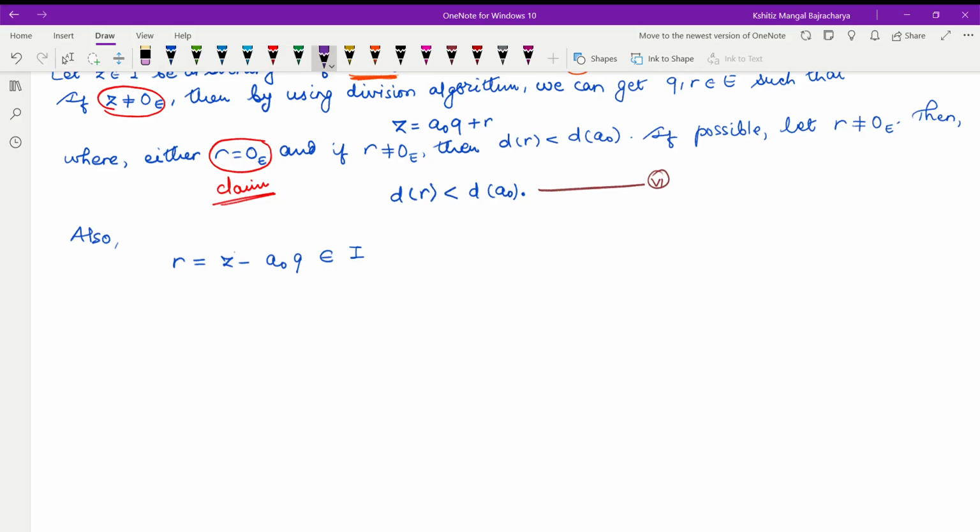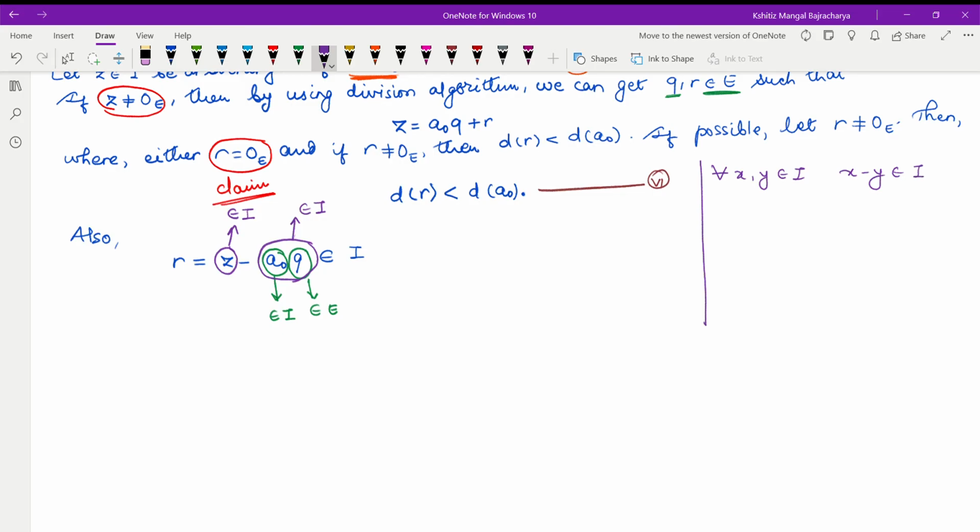Because z was already an element of I, a0 was a non-zero element of I, and q was an element of E. So by the definition of an ideal, a0 q is also an element of I. Now by the definition of an ideal, if we have x, y in the ideal, we get x minus y in the ideal.